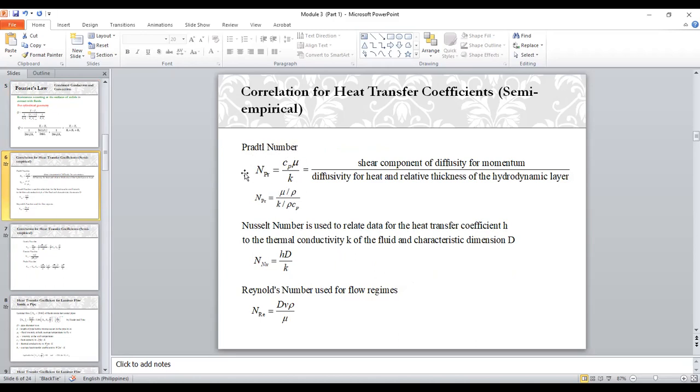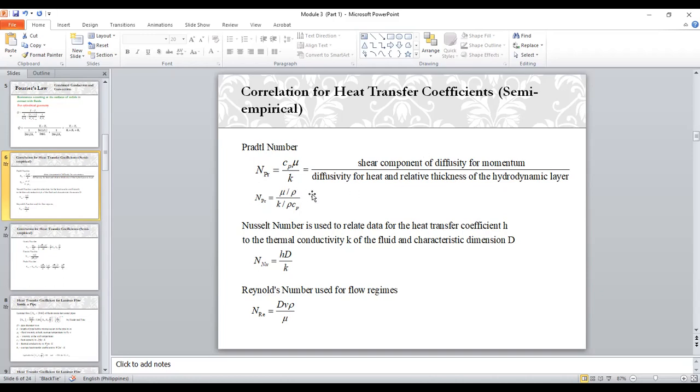I think this is not something new to everybody because I'm sure this was presented already in transport. And we have another formula for the Prandtl number here, defined by this particular ratio of a set of products of the terms that you are seeing in the formula. So the numerator represents the shear component of diffusivity for momentum, meaning the product of the CP and the viscosity represents this one.